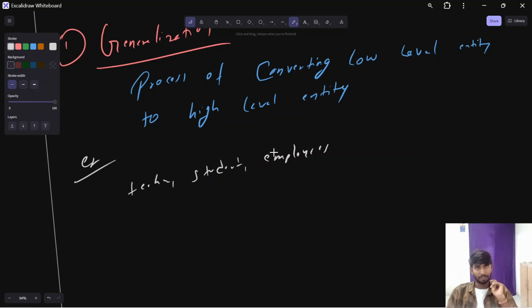They are the low-level entities. We have to convert them to the high level.